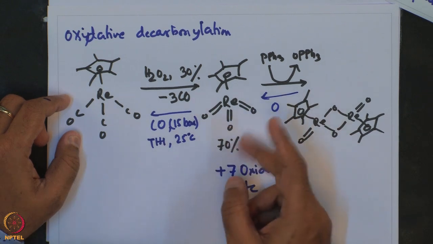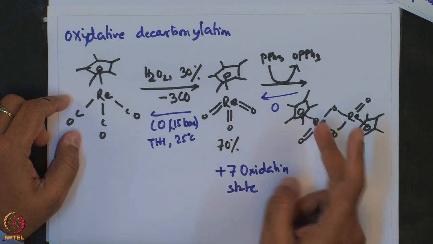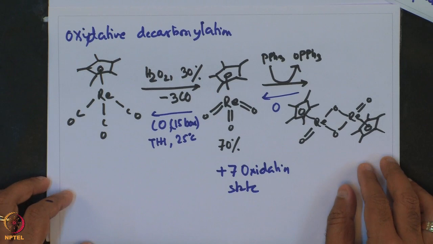Subsequent reaction of this trioxo Cp star compound with triphenylphosphine would give this rhenium dinuclear compound with bridging oxo as well as terminal oxo groups shown over here.